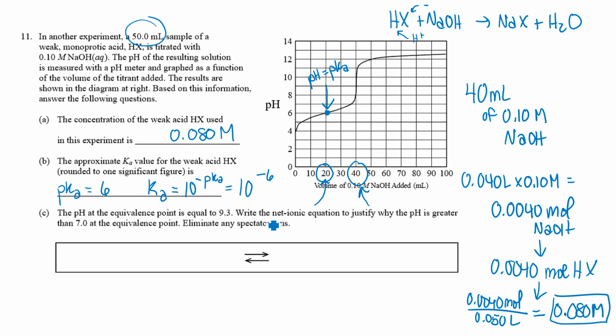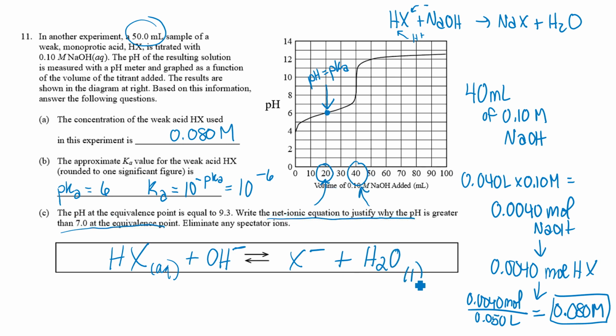And then write the net ionic equation to show why the pH is greater than 7. Okay, so basically write the net ionic equation for this reaction. So this looks like a weak acid, mixing it with some hydroxide, and what we leave behind is the conjugate base and liquid water.